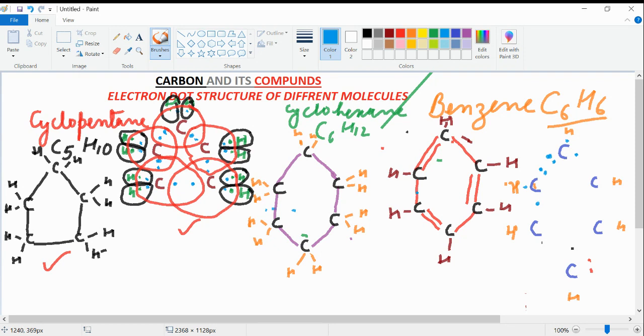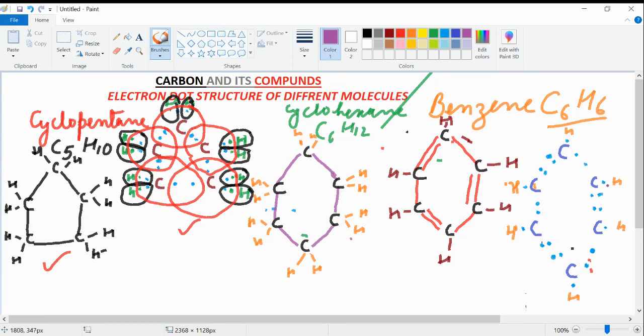Now there is a single bond and it will share a single electron. There is double bonding, there will be sharing of 2 electrons from both carbon atoms. There is a single electron, again there is 1 electron sharing, and there is a double bond, then 2 electrons sharing. Now the sharing of carbon atoms is completed and we will share the hydrogen atom's electron.